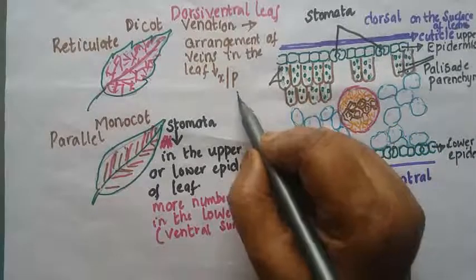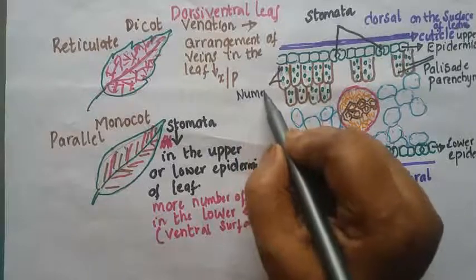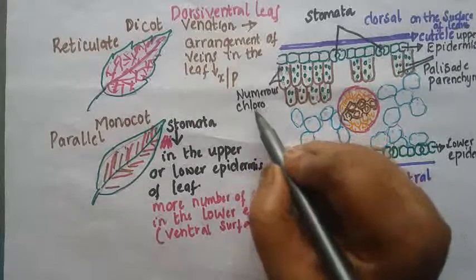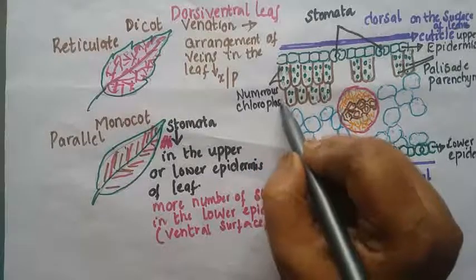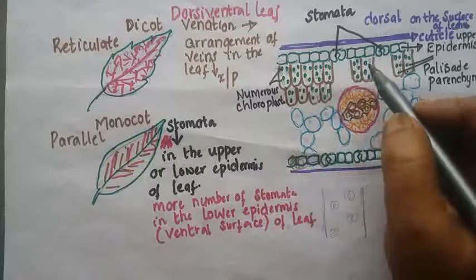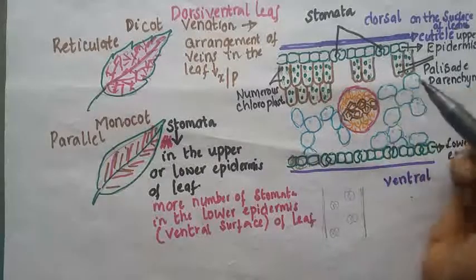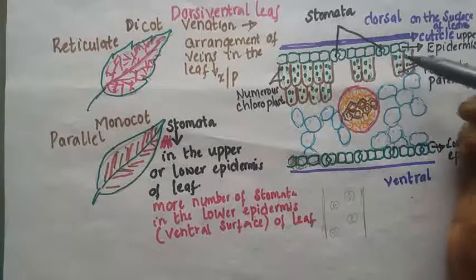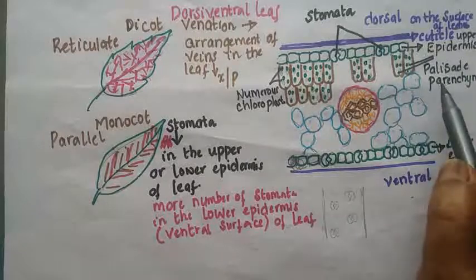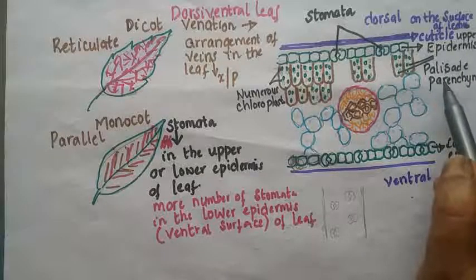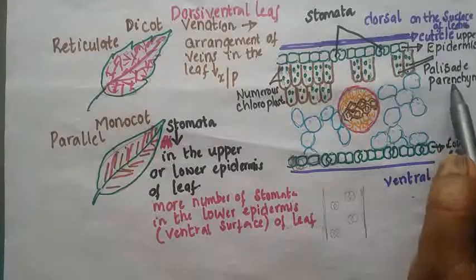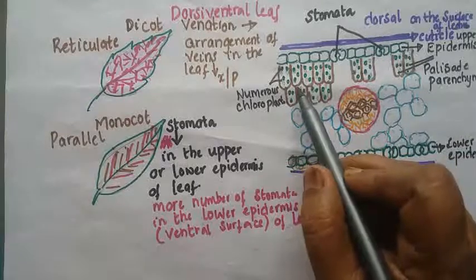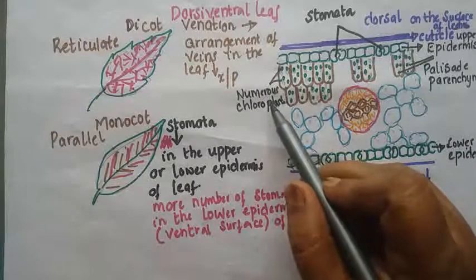Can you guess their function? Since they have numerous chloroplasts, their main function is to carry out photosynthesis by trapping the sunlight. So just below the upper epidermis, we find the compactly arranged palisade parenchyma cells, which have numerous chloroplasts to carry out photosynthesis.